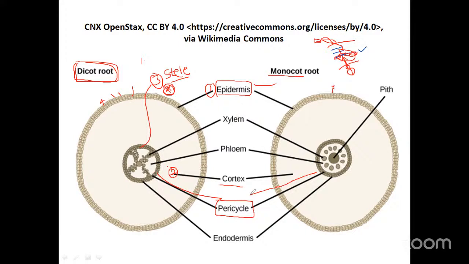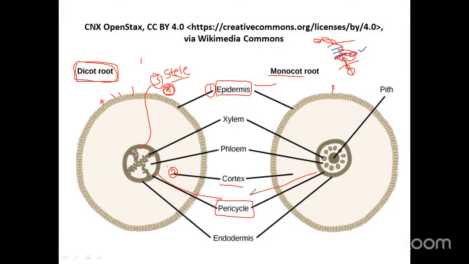That is one difference: in dicots the pericycle shows secondary growth, but the monocot root does not. And the main variation is only in the stele's vascular bundle.